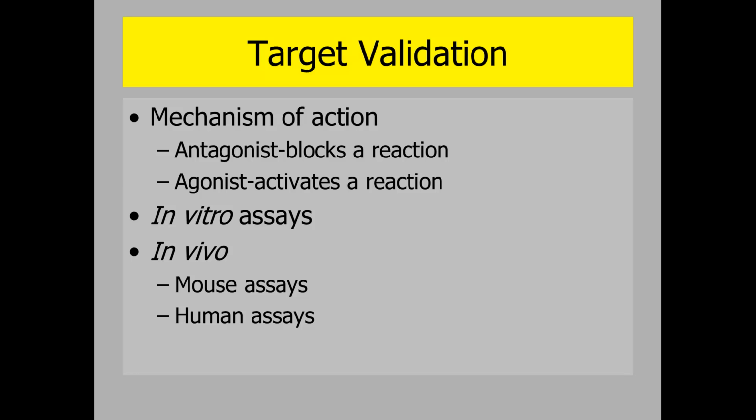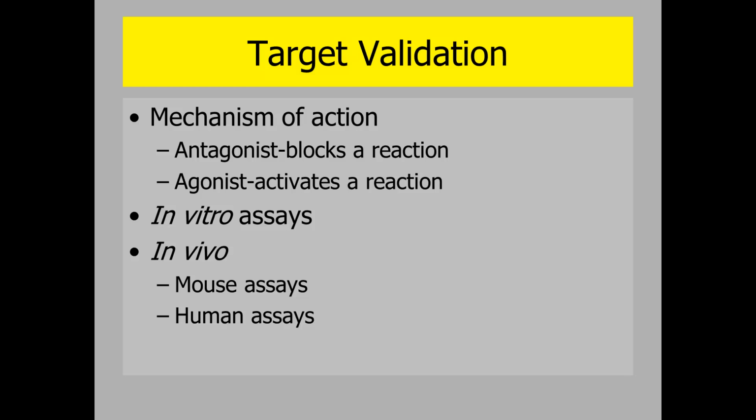So once you've identified a potential drug that is a target, you want to figure out what is the mechanism of action. So generally the mechanism of action is that a drug is either an antagonist that blocks a reaction or an agonist that activates a reaction.